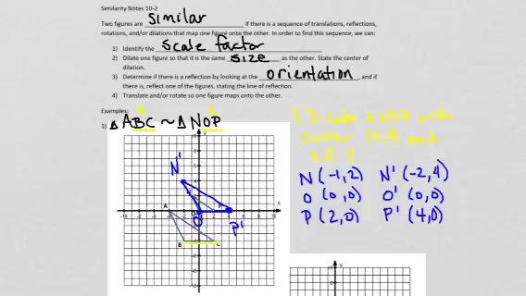So there I have my dilated figure, and now I want to get N prime to be on top of A, because I have to match the N with its corresponding point.